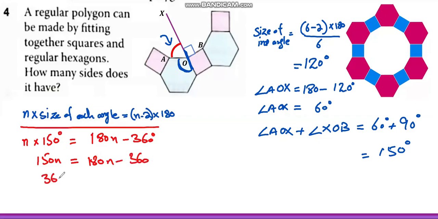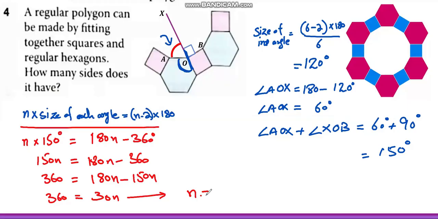Let's bring 360 over here and 180n take away 150n. We are solving the variables, and I just got 360 on the left side. Here I need to subtract, so this should be 30n and 360. So to find n, I will divide both sides by 30. So the value of n will be equal to 12. It means there will be 12 sides of the polygon that we will get by joining these hexagons and squares.